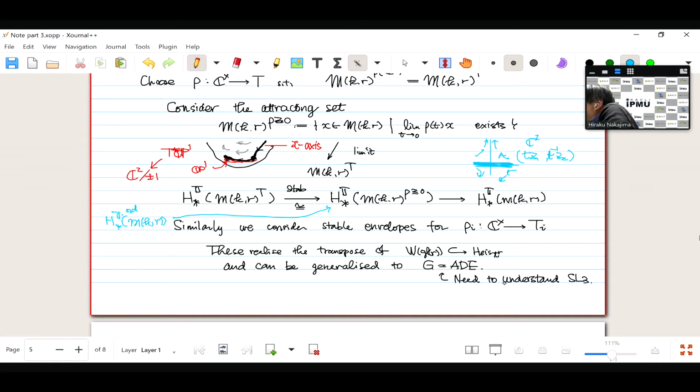I take T_i, the smaller torus, and take a one-parameter subgroup and consider the stable envelope. There is some relation between this stable envelope and the stable envelope for rho.